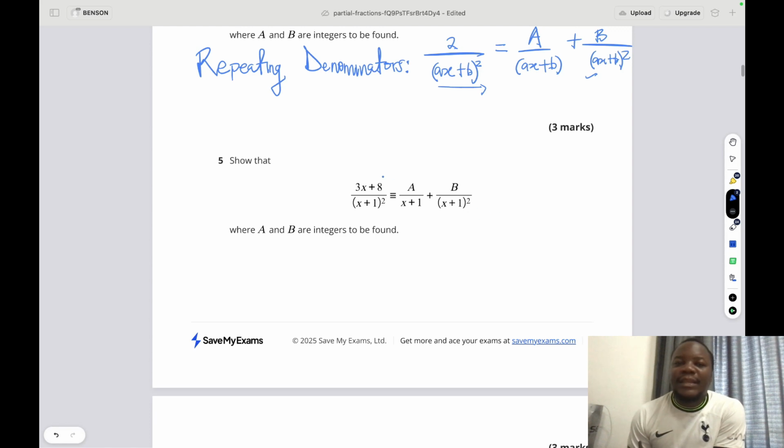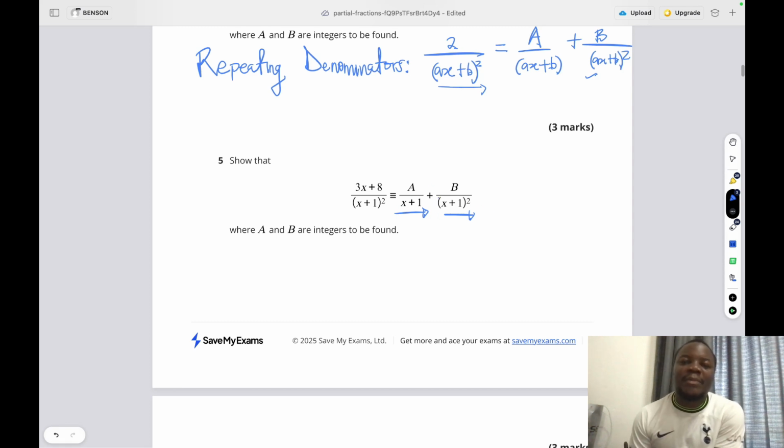So there is a question here where we are given (3x + 8) over (x + 1) squared being equivalent to, they even give us A over (x + 1) and then B over (x + 1) squared. They've already given us these decompositions here.